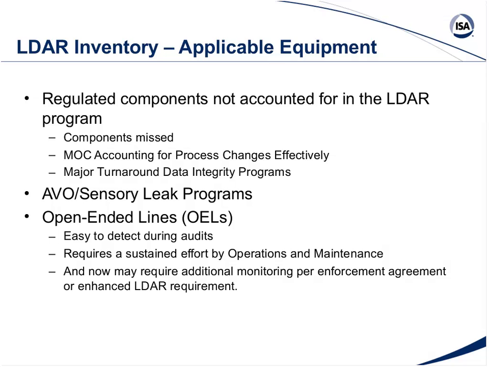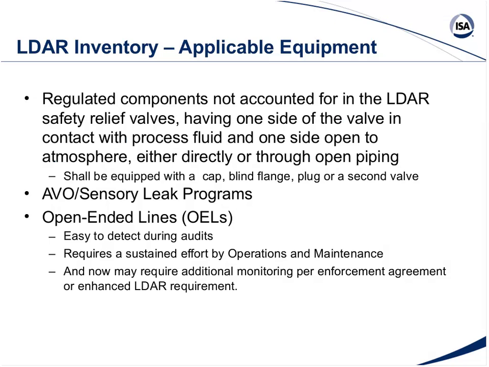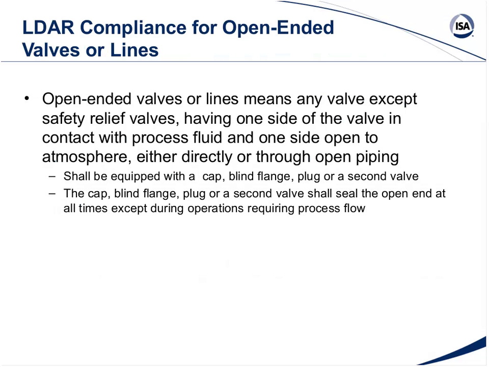So how you handle open-ended lines is definitely something that you want to look at and deal with. And again, it could be crew-based. Which shift is on today is going to have more open-ended lines than another shift. So you want to watch those kinds of things.